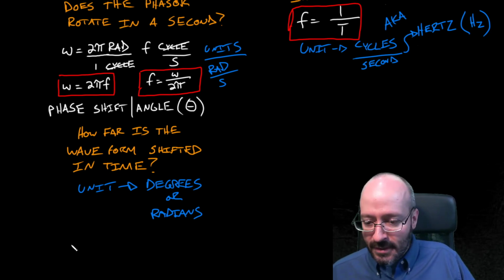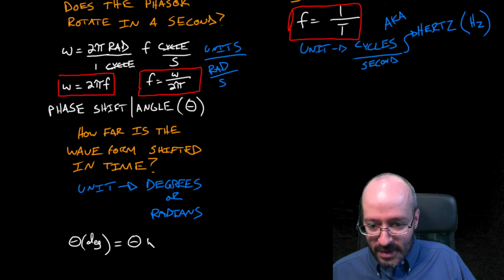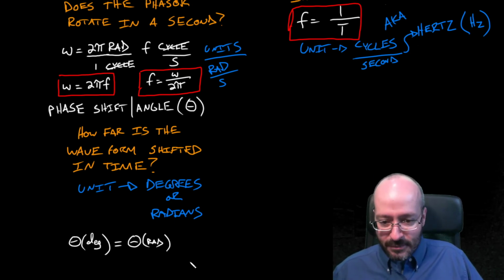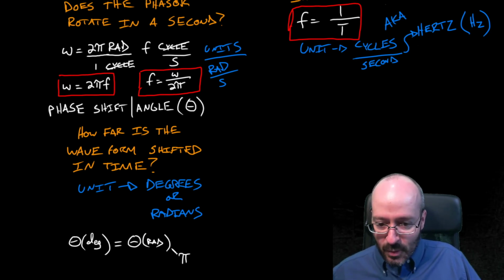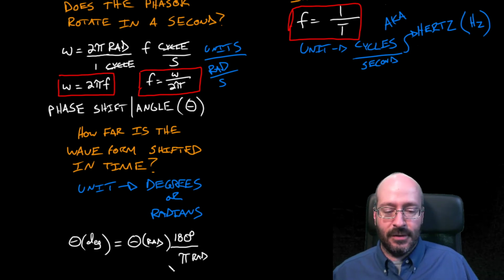Hopefully that's somewhat fresh in your head. But if we want phase shift in degrees and we have it in radians, then we take the phase shift in radians and we multiply it by something. So we want to get rid of radians, so we're going to divide by pi, and we want it in degrees, and pi is equal to 180. Okay, so this is in pi radians. So radians and radians cancel, and we're left just with degrees.